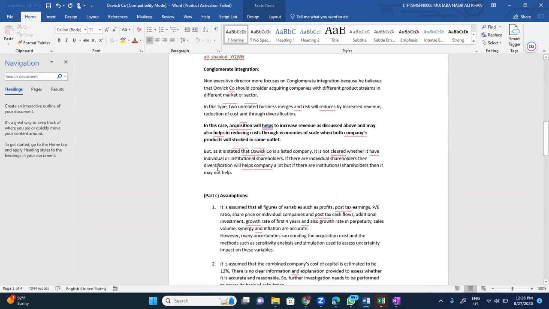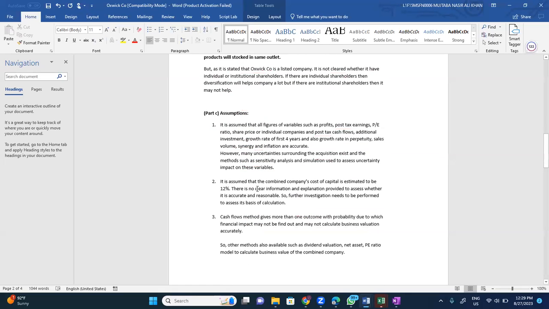It's not clear whether it has individual or institutional shareholders. If there are individual shareholders, then the company is allowed, but if there are institutional shareholders, then it may not. It is not necessarily the case. Even in a listed company, individual investors are well diversified. So make a point that for a listed company, shareholders are already diversified.